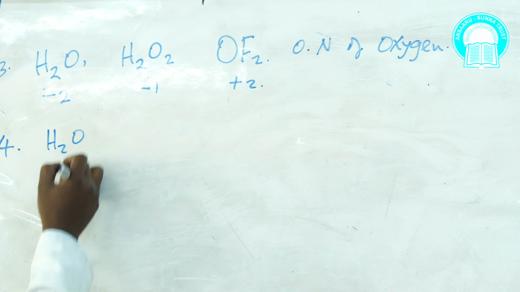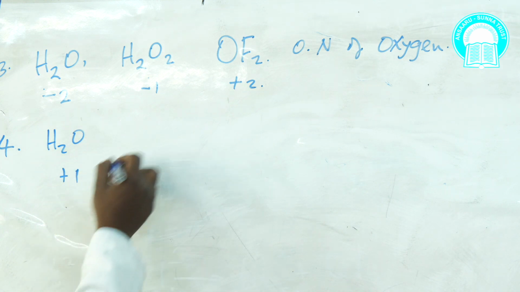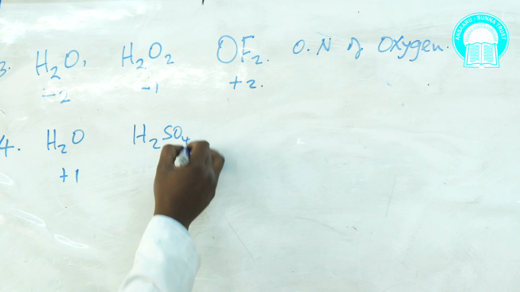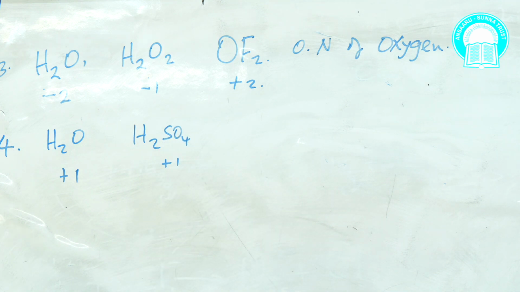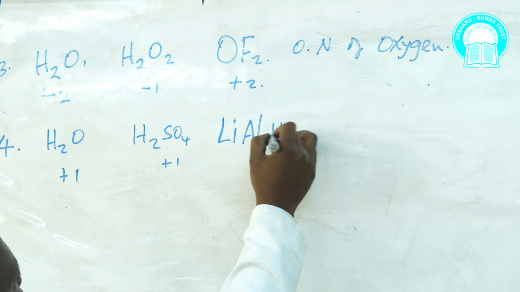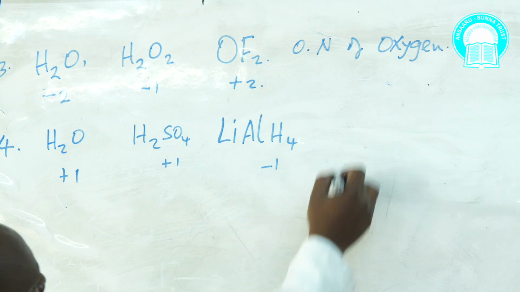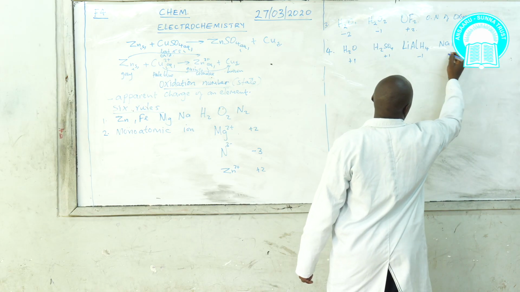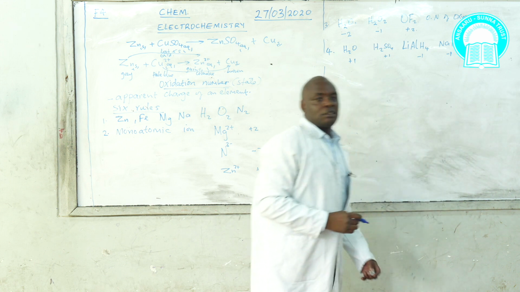In water, the oxidation number is positive 1. In sulfuric acid, the oxidation number of hydrogen is positive 1. But if I have lithium aluminum hydride, the oxidation number is negative 1. In sodium hydride, the oxidation number of hydrogen is negative 1.